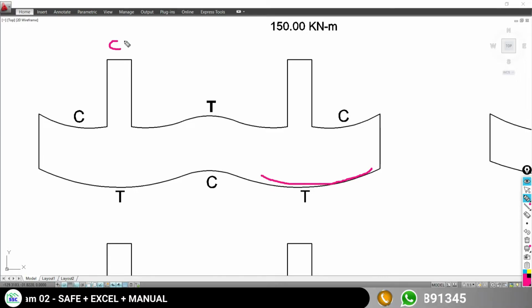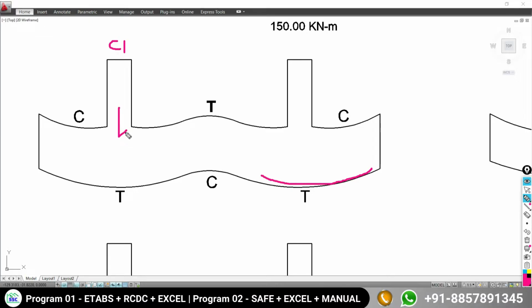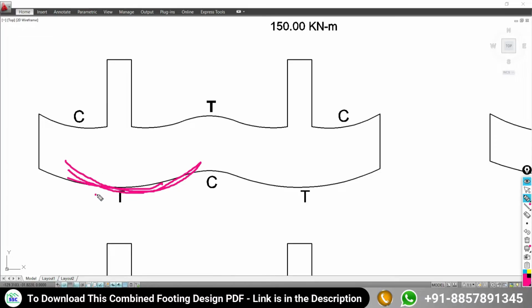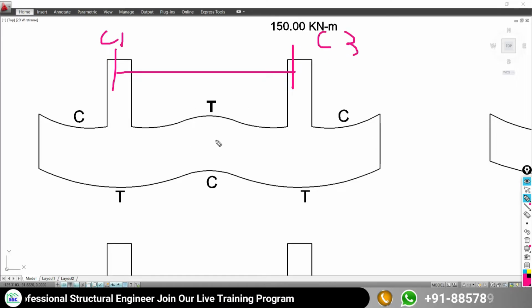Here under this C1 column, again the downward pressure will be dominating. That's why we are having the tension face at the bottom side, because the top is under compression. It is going to be deformed like this. So the bottom face will be under tension and the top face under compression. But when you come in between C1 and C2, for this mid portion, what will happen?